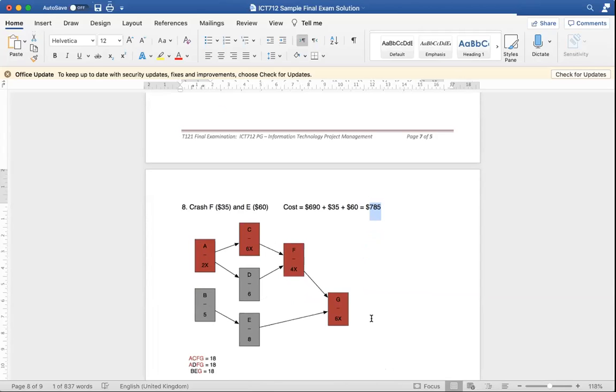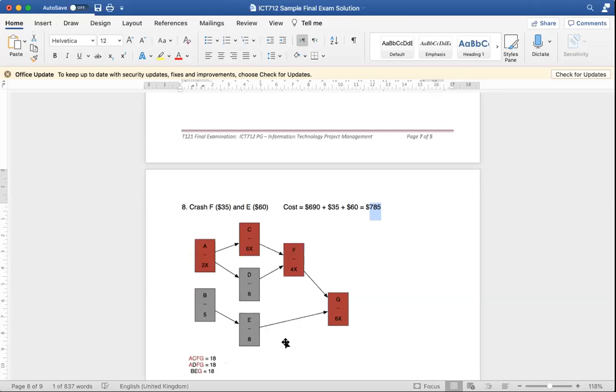Ruqayya, Jacob, can I crash anymore? If you crash anymore, ACFG won't move down, so it's not going to be helpful. There is no point for us to continue crashing anything at all, because even if we crash them, it won't make any difference, because we've already reached the smallest possible duration for that activity.